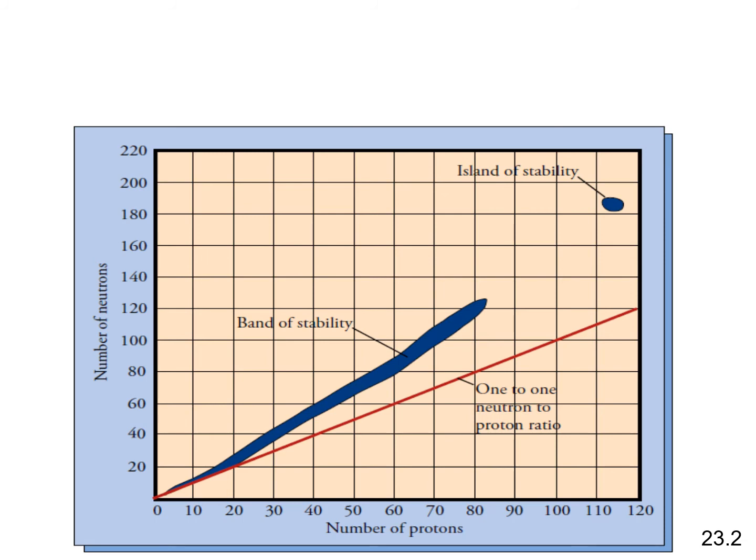So for atoms that are too large, we have alpha particle emission or spontaneous fission, which gives you smaller atoms.